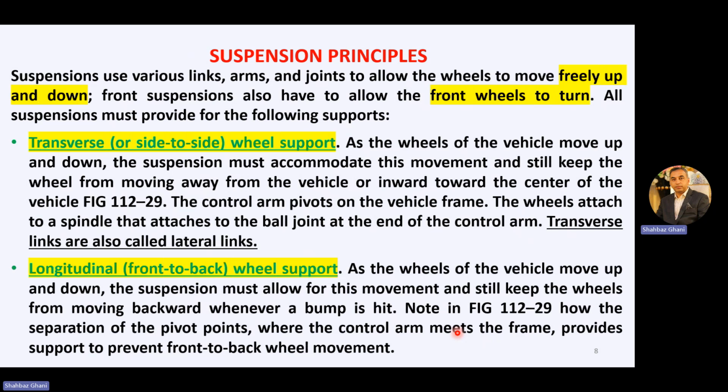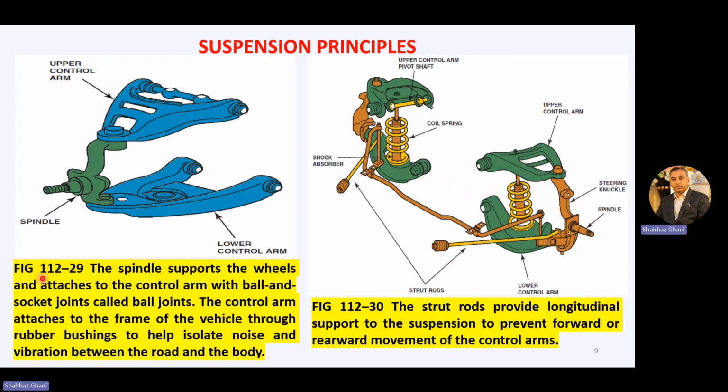Let's see this figure. This is figure 12-29, meaning chapter 12 and figure 29. This green portion which we are seeing is the steering knuckle, and this is the spindle.